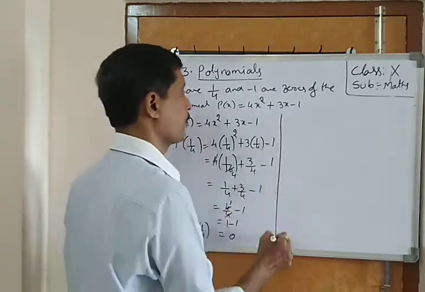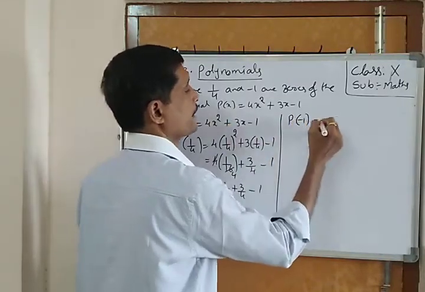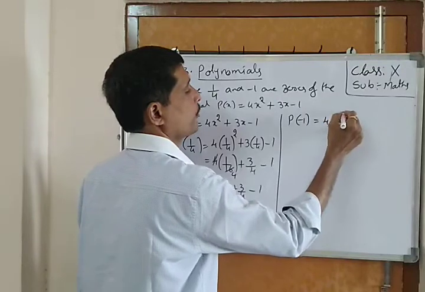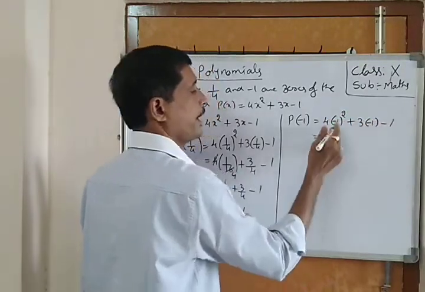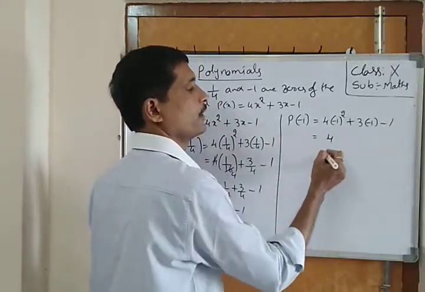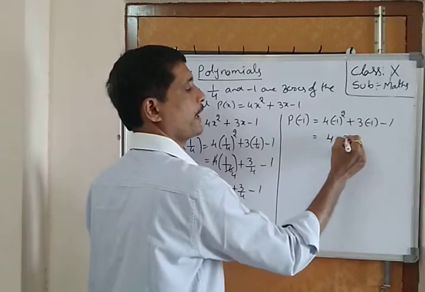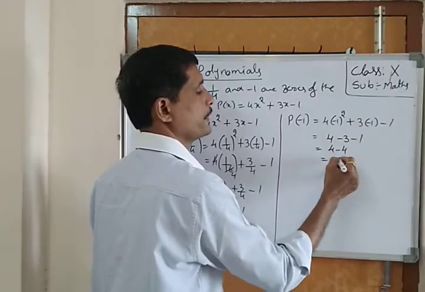Next one is one more. P of minus 1. X is equal to minus 1, that is 4 into minus 1 whole square plus 3 into minus 1 minus 1. Here minus 1 whole square, minus 1 into minus 1, that is plus 1, that is 4. Here 3 into minus 1, that is minus 3 minus 1, that is 4 minus 4, that equal to 0.